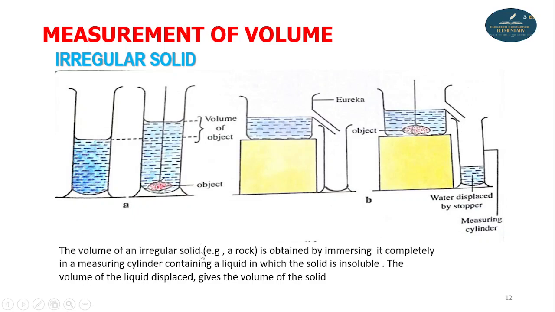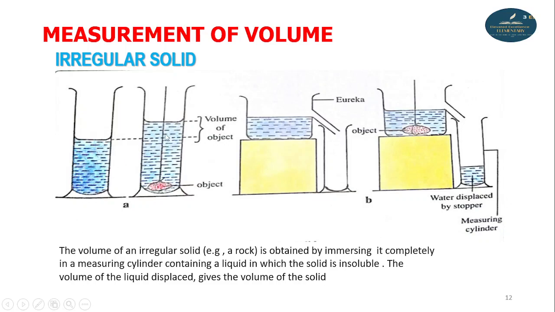So let's give an explanation of that. The volume of an irregular solid, e.g. a rock, is obtained by immersing it completely. So here is an example of the irregular solid. How do we determine its volume? It is obtained by immersing it completely in a liquid. So here is a container containing a liquid.